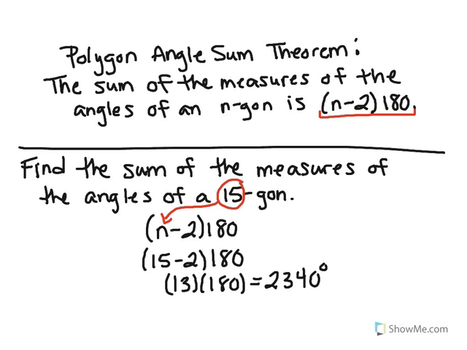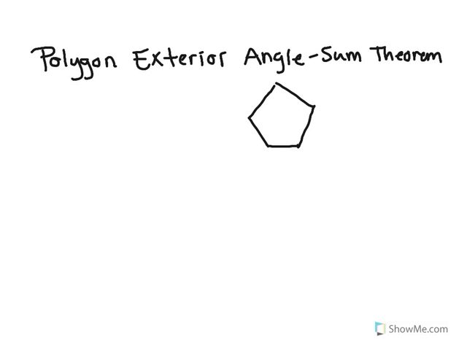And we have one more theorem that goes along with this to look at, and then we're all done. So let's look at the next one. The next theorem is called the Polygon Exterior Angle Sum Theorem. And this is built off of me extending all of the sides of my polygon so that I have exterior angles. So I'm going to go ahead and do this.